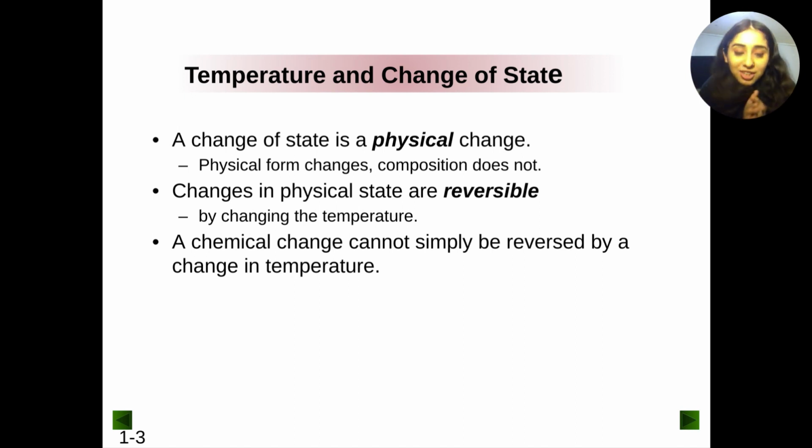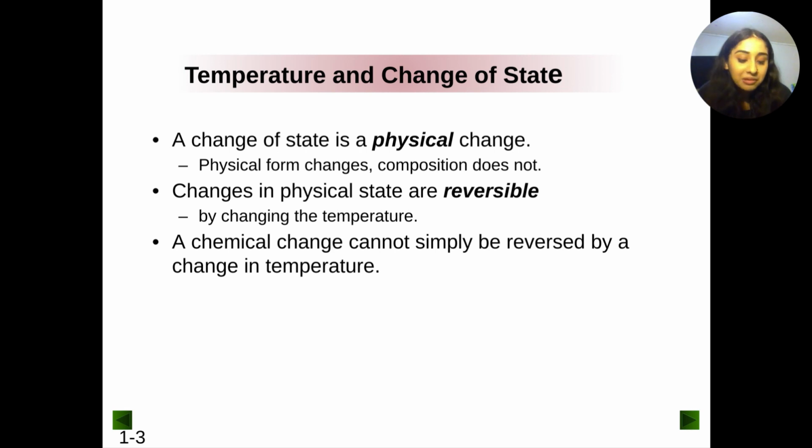But a chemical change cannot be reversed by a change in temperature. So this match that I lit earlier, I can't just turn it back into a match that I can light again, like with the green tip. I can't turn it back into one of these if I put it in the microwave or the freezer. You know, it's gonna stay dead. I'm not gonna be able to use it again because a chemical change happened.